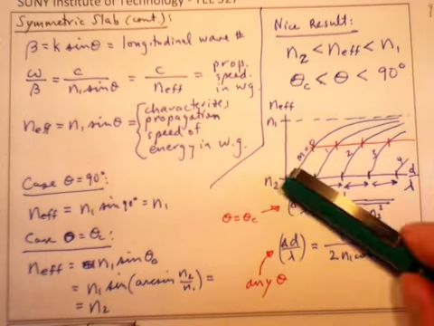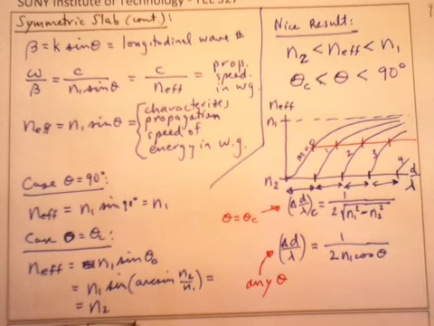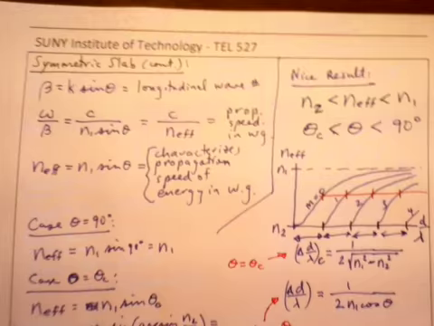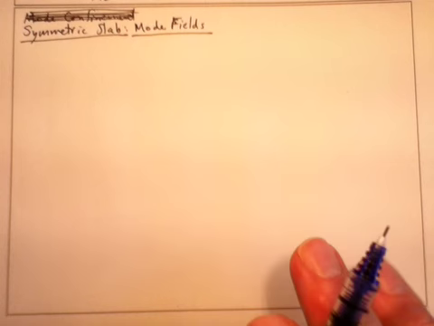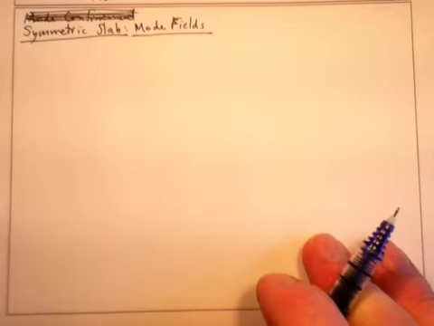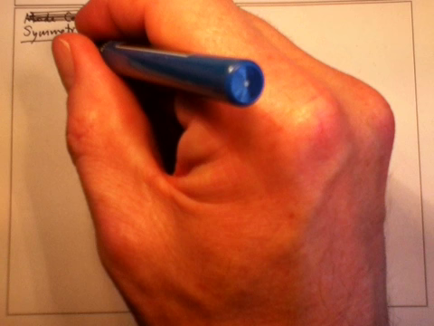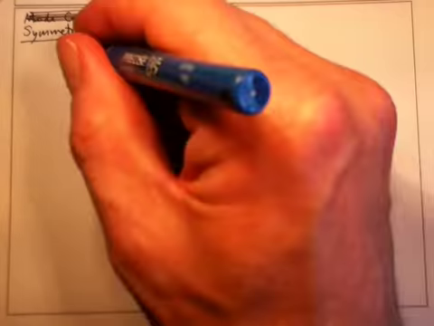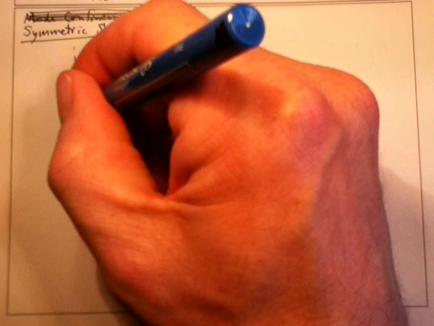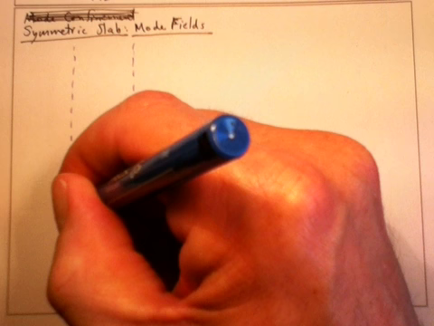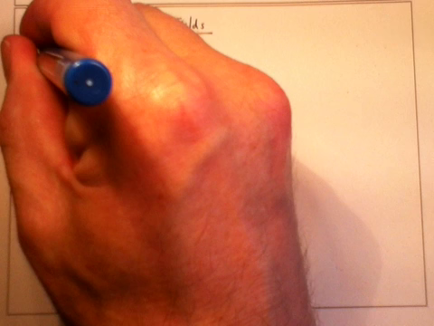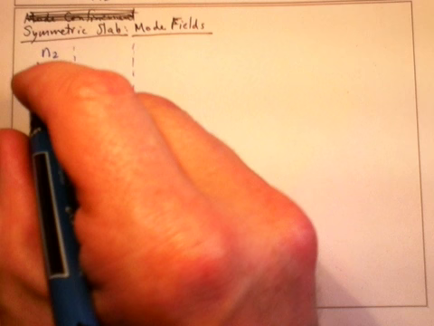What I'm going to do now is try to explain to you the appearance of these multiple modes and what they look like when they're actually in the waveguide. Okay. I'm going to go ahead and draw my waveguide in a vertical configuration here, where I'm going to write in this cladding we have index N2, and in the core we have index N1.